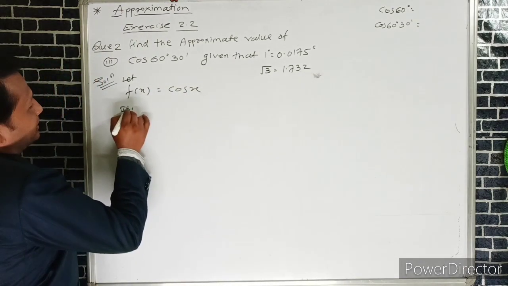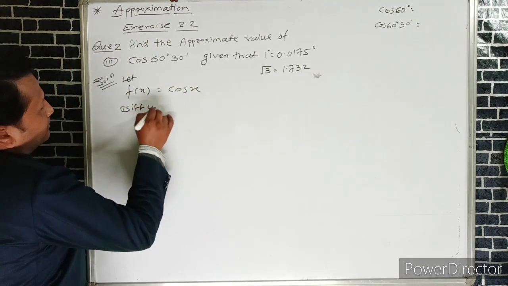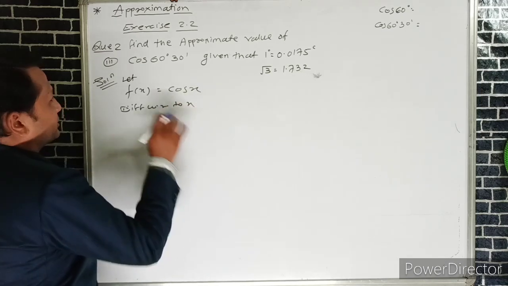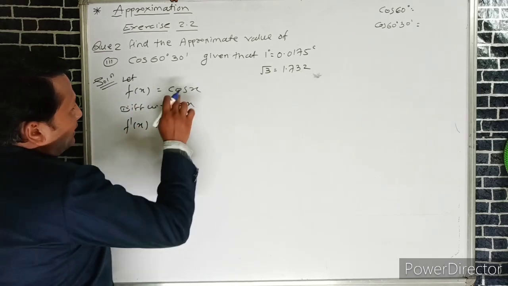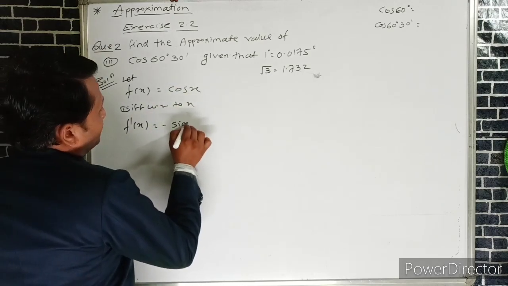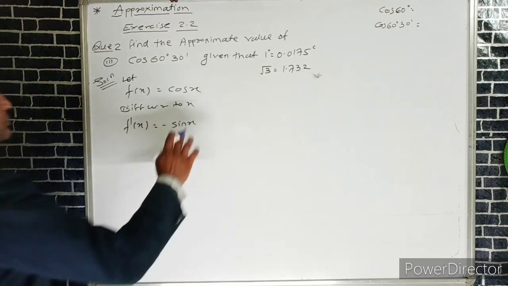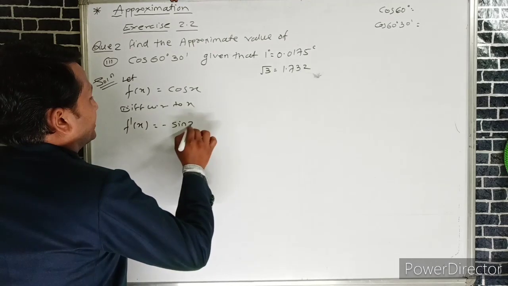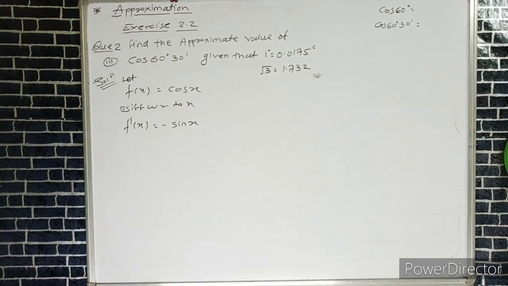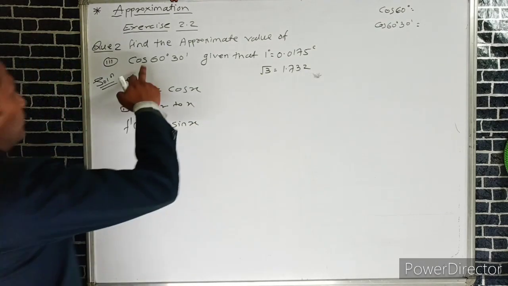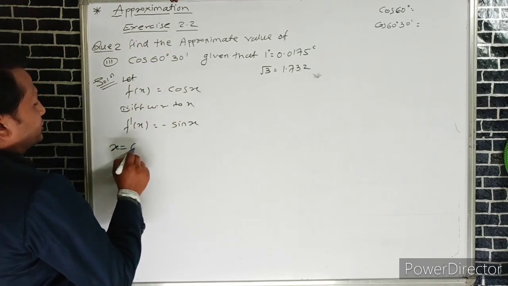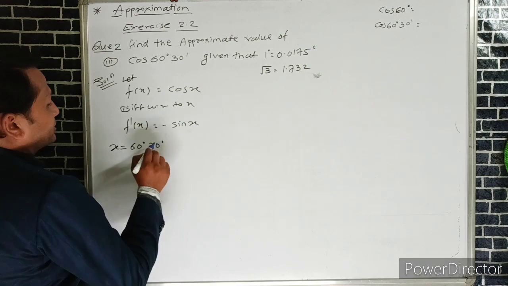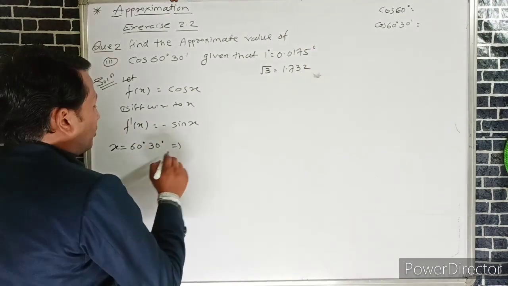After differentiating with respect to x, the derivative f dash of x of cos x is minus sin x. Here cos of 60 degree 30 minutes means x is equal to 60 degree 30 minutes, which is the value of a plus h.